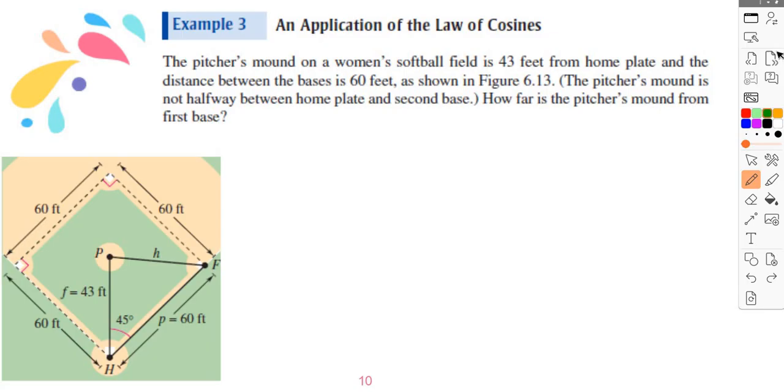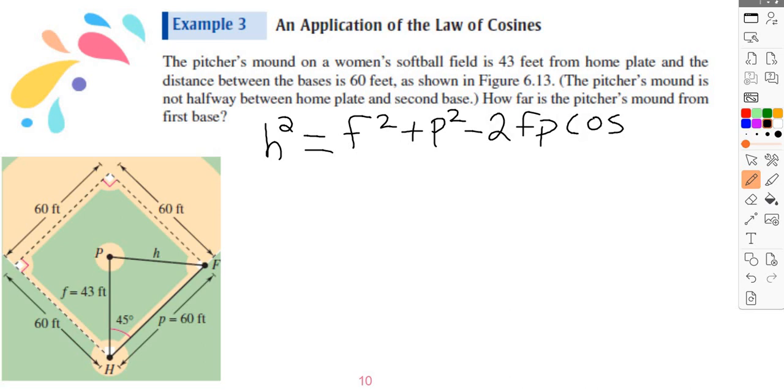Law of cosines. Now, these are different variables than our A, B's, and C's, but the format of it still works the same. So I have an H squared equals my other two squared, so plus F squared plus P squared minus 2FP cosine of big H. Right?